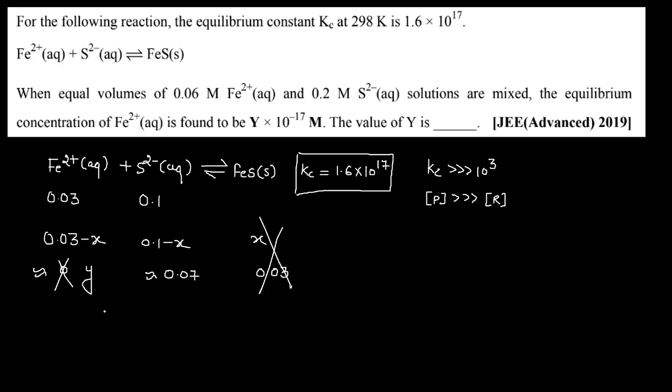So if I write the equilibrium expression, I will write 1.6 into 10 raised to the power 17 equals 1 upon Y into 0.07.